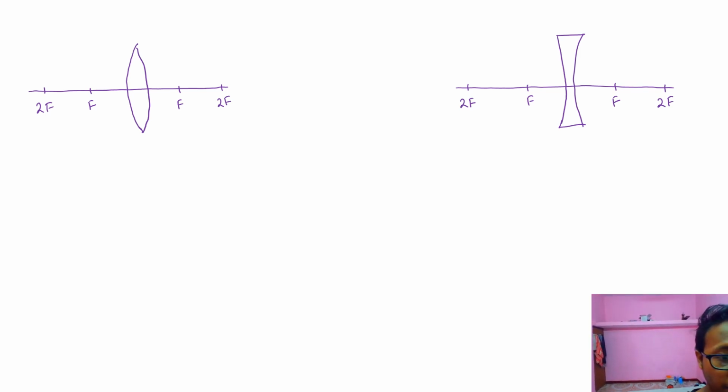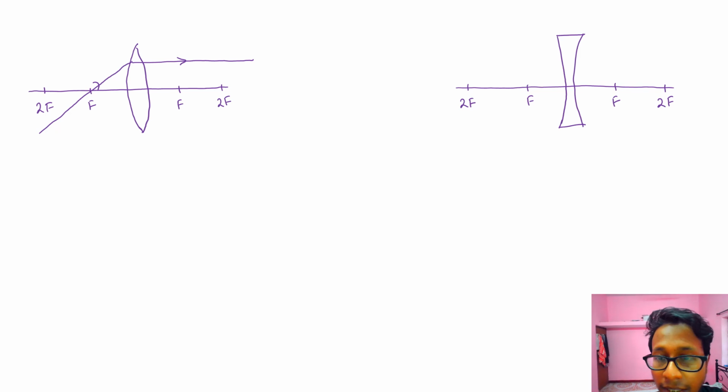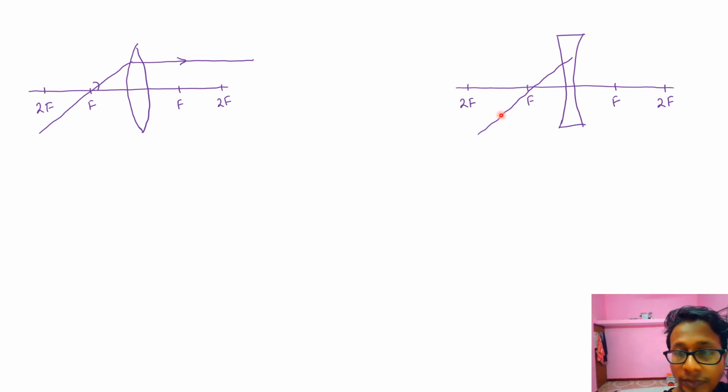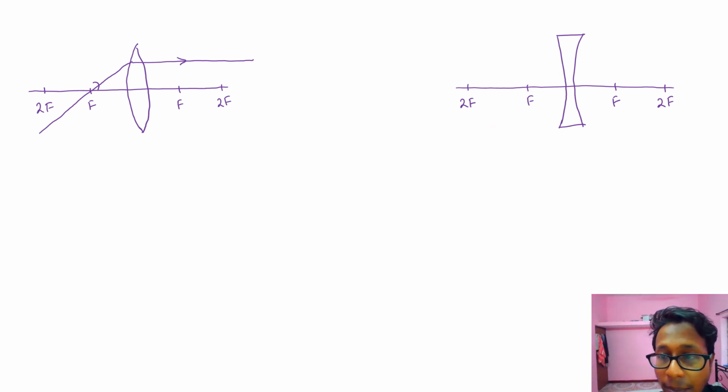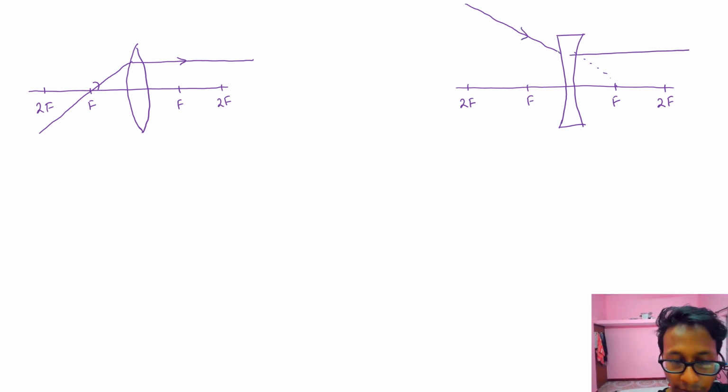So any ray that is passing through focus will become parallel after refraction. And for the concave lens, it would be any ray that appears to come through focus. That means out here, if the ray is coming out here, after refraction it will become parallel to the optical axis.